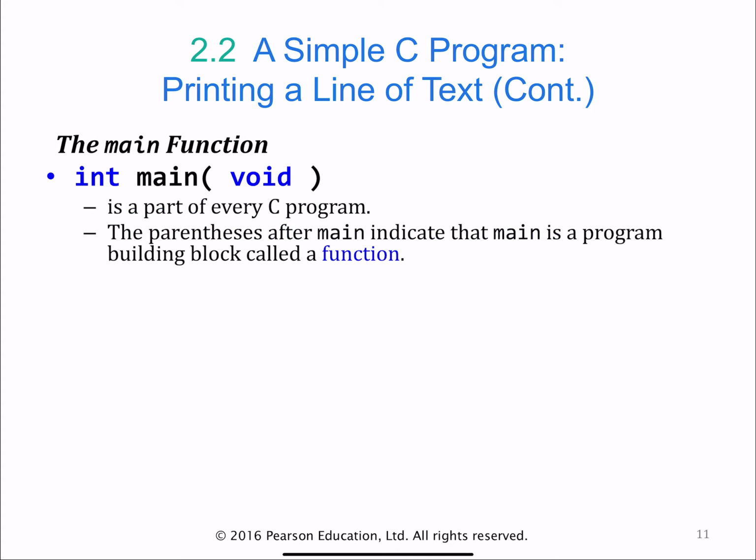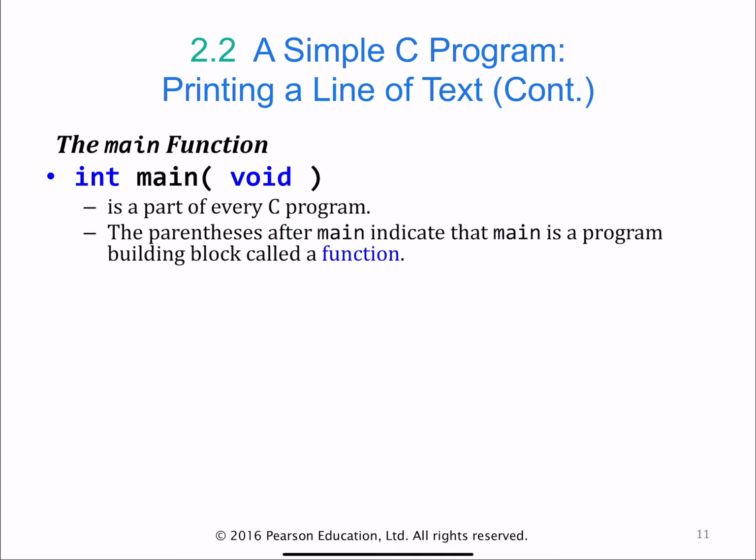So this is the line of code after the comment. For the moment, I'm not going to explain everything that this means, but sections of code are organized inside of blocks called functions.